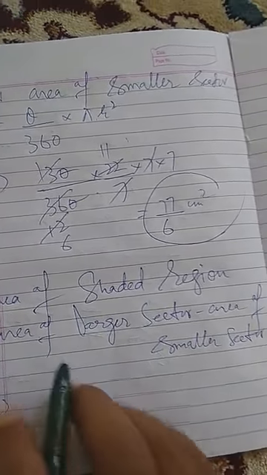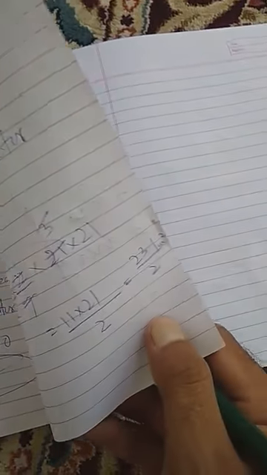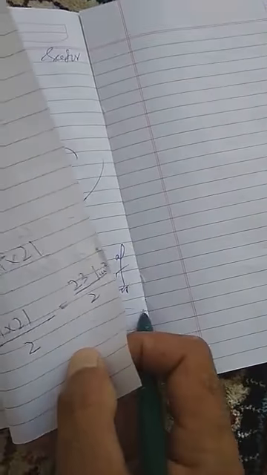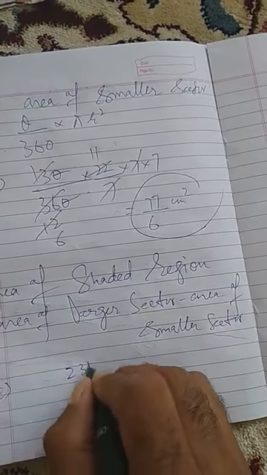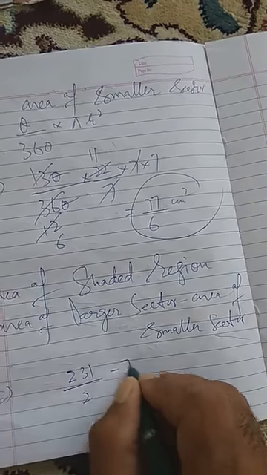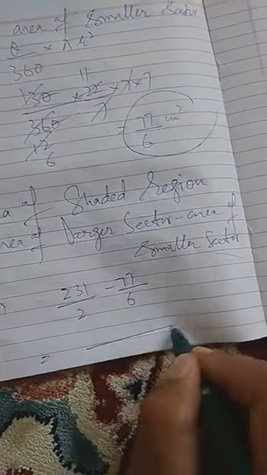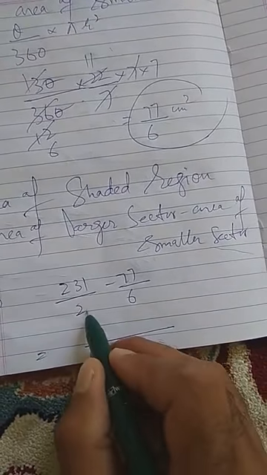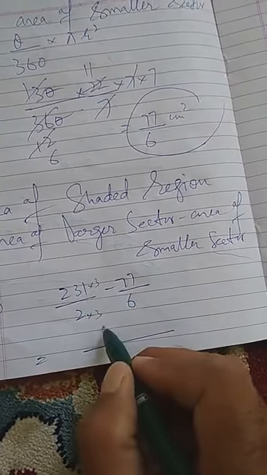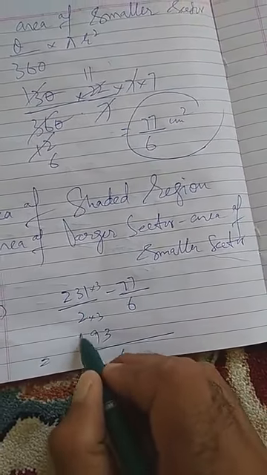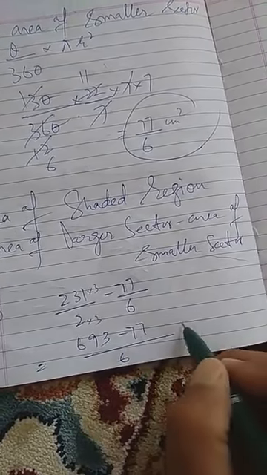Larger sector area we have found here: 231 upon 2 minus 77 upon 6. 6 is the common denominator. 3 1s are 3, 3 3s are 9, 3 2s are 6 minus 77.